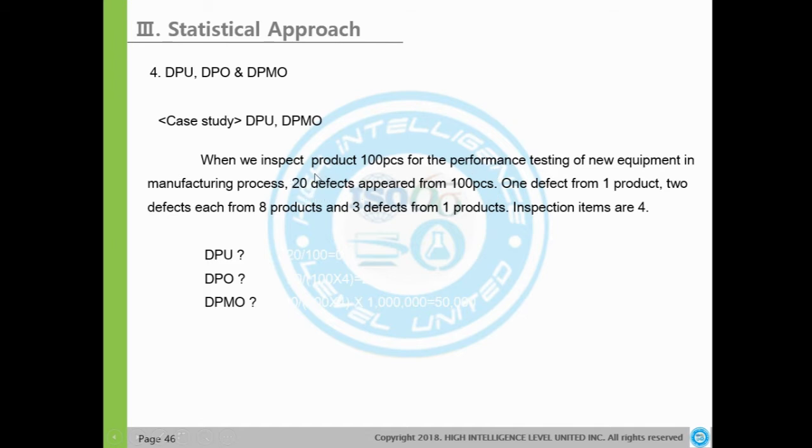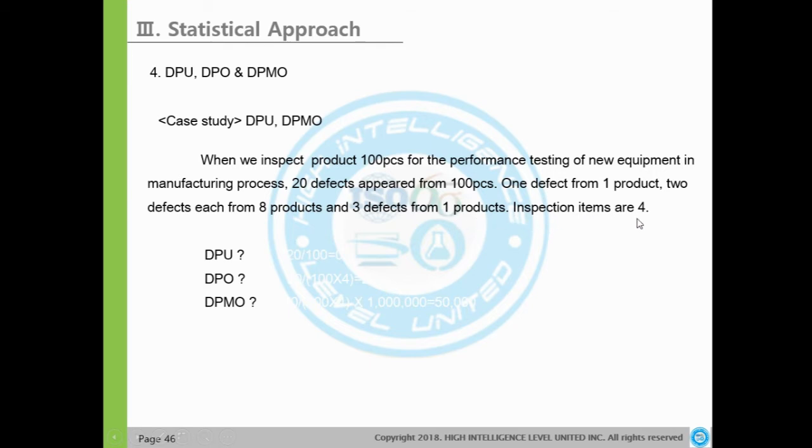Here is defects, here is units: 1 defect from 1 product, 2 defects from 8 products, and 3 defects from 1 product.